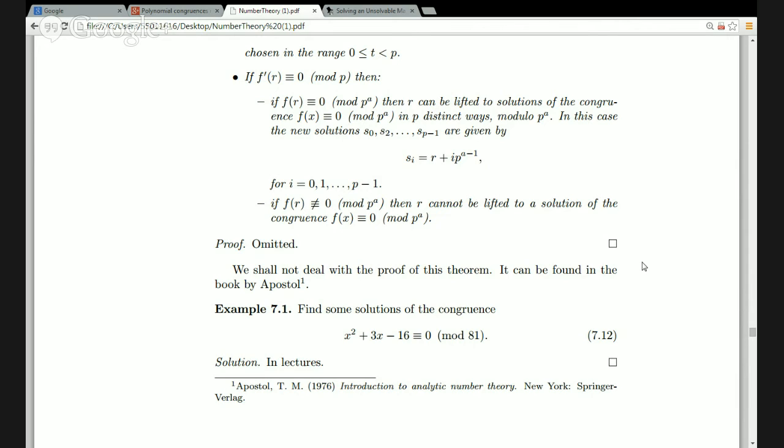Okay, that's because the intermediate one equates to 2t plus something modulo 3.